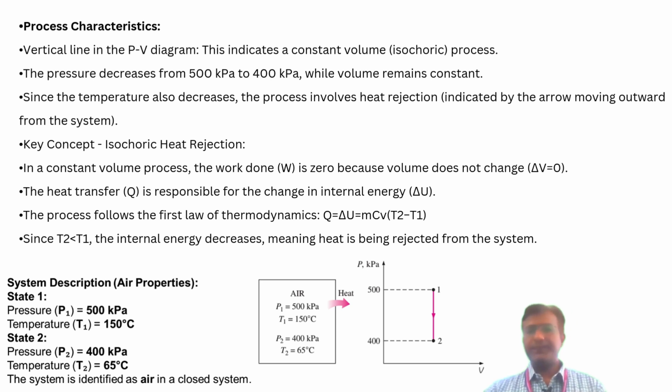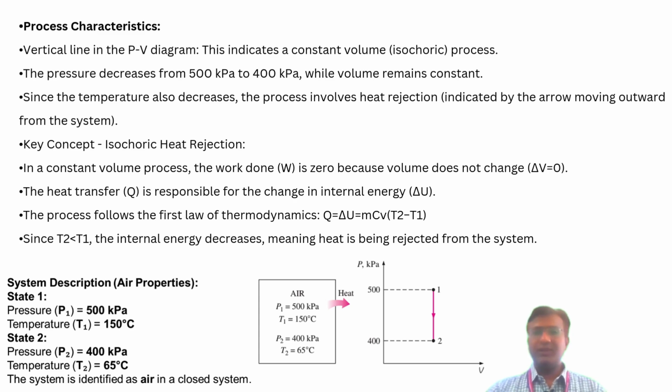Now we will see a process which is called an isochoric process. This isochoric process is a constant volume process. Constant volume means the initial volume and the final volume are the same.